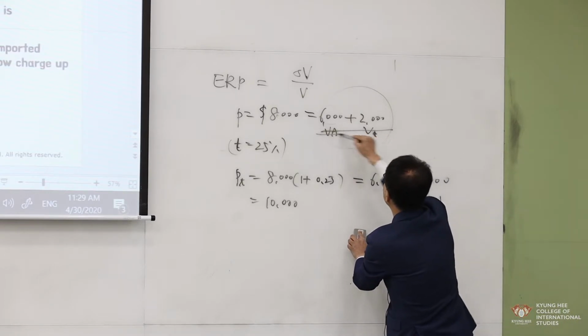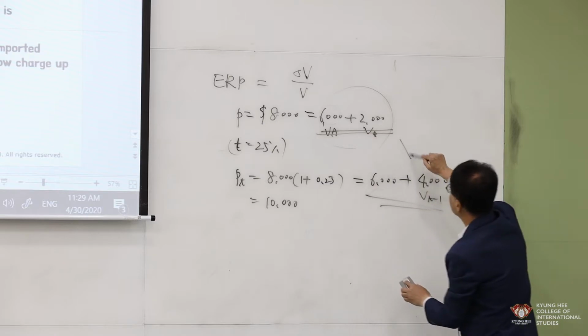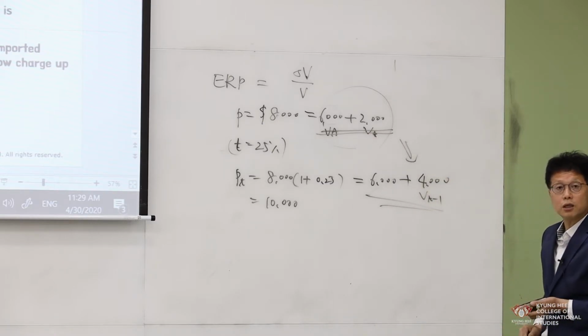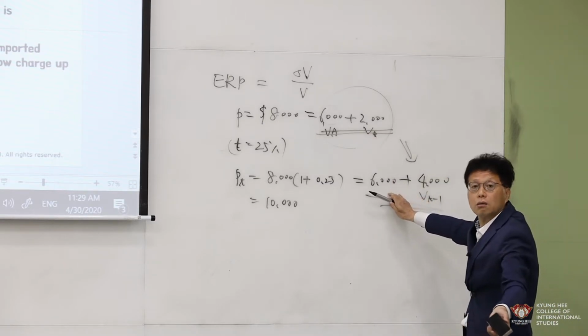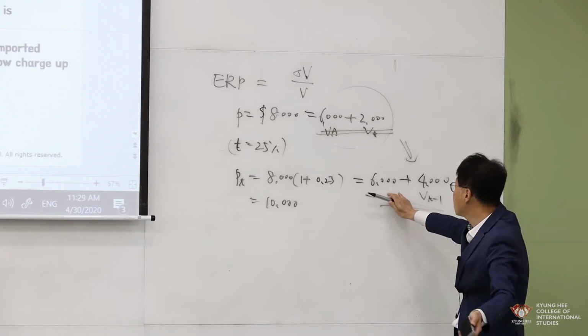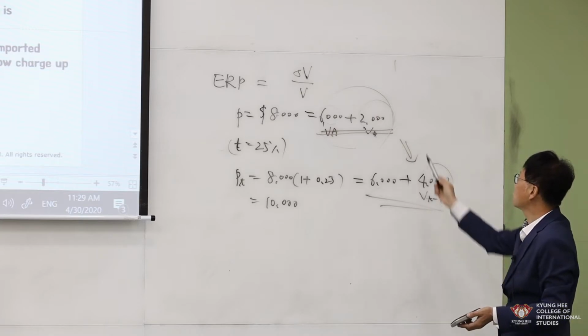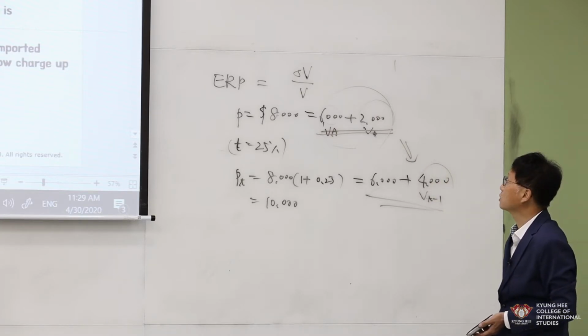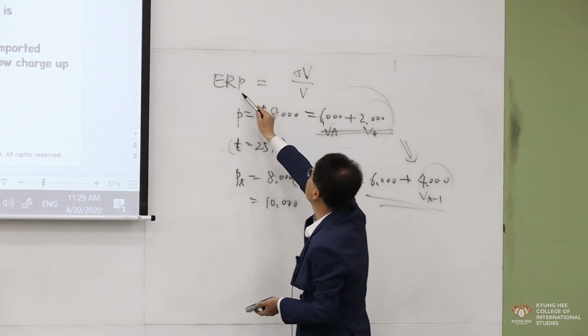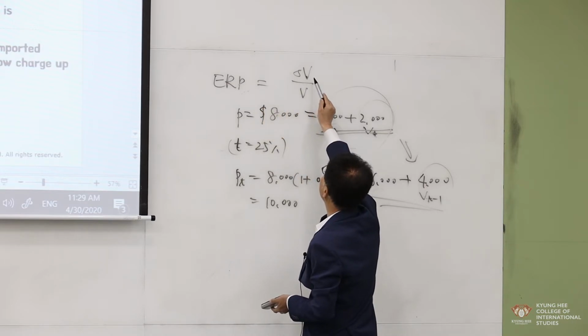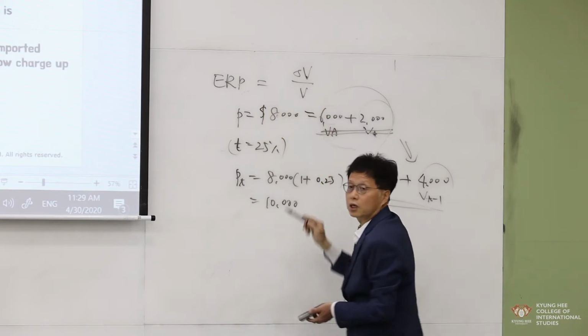This one changes from this one to this one, right? Factors of production are the same before and after imposition of the tariff. But the remaining value changes from $2,000 to $4,000. And the definition of ERP is change in value divided by original value.